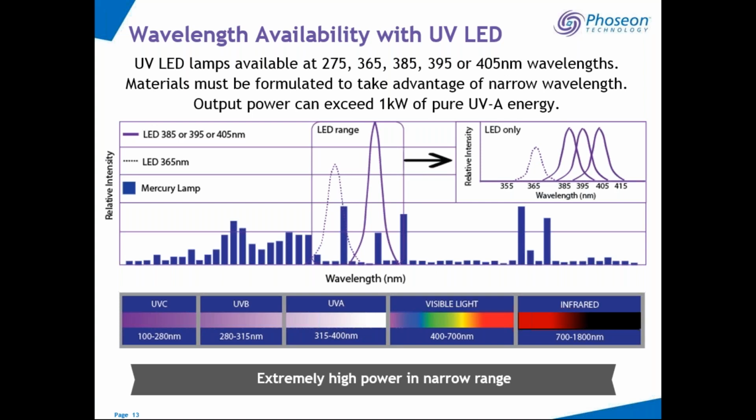at 395 nanometer. One of the interesting things that we are working on is also 275 nanometer, down into the UVC range on the far left side. This is a new development as the technology is maturing. Today it's not nearly as mature as the UVA wavelengths, but it is coming on strong, and it does offer some nice properties when we talk about the surface cure and how well that surface cure is occurring.